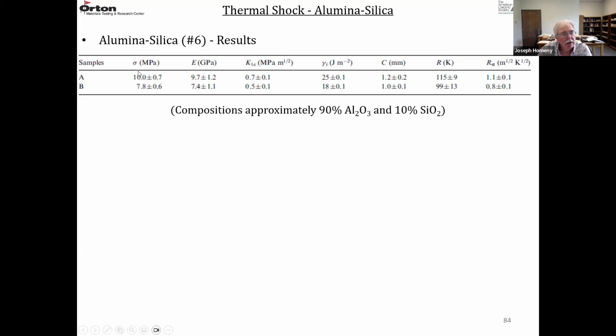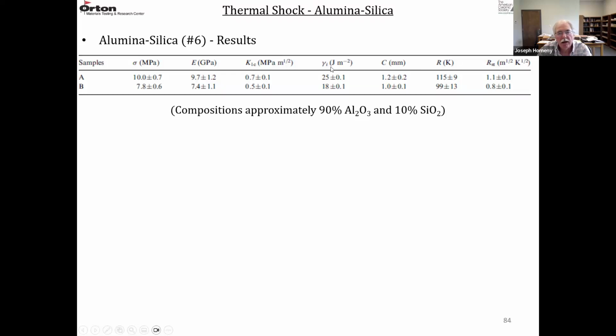The strength in megapascals for A was about 10, B was around 8. The modulus in gigapascals was about 9 for A and about 7 for B. K1C, again typically in megapascals square root of meters, was 0.7 and 0.5.